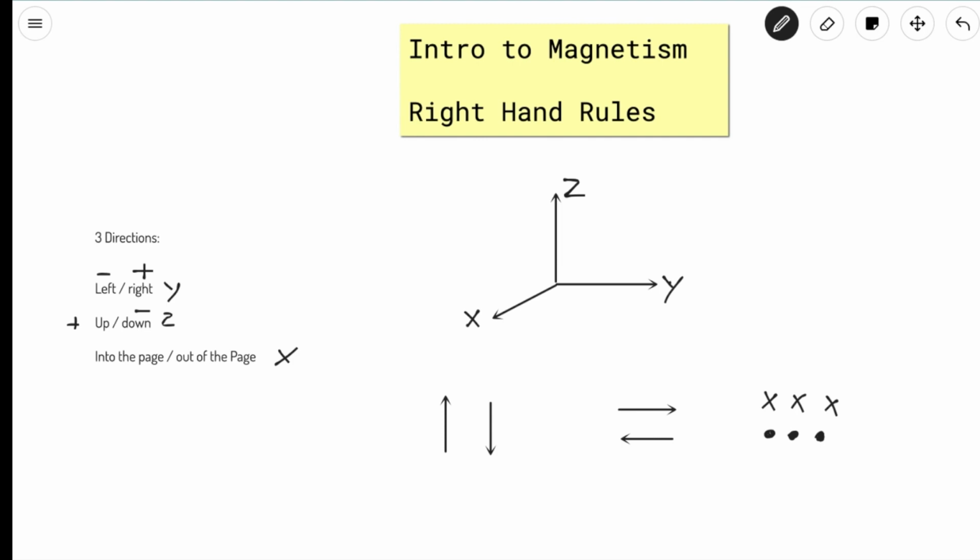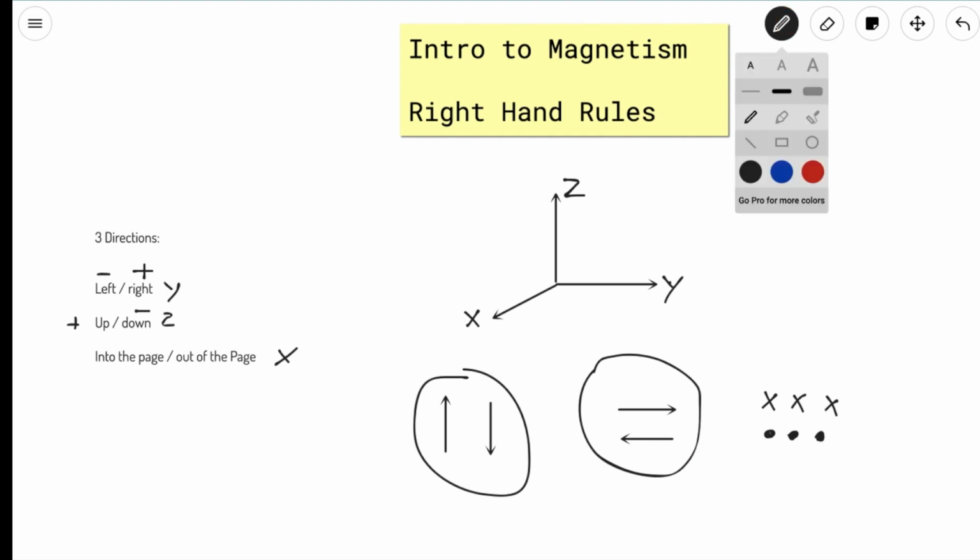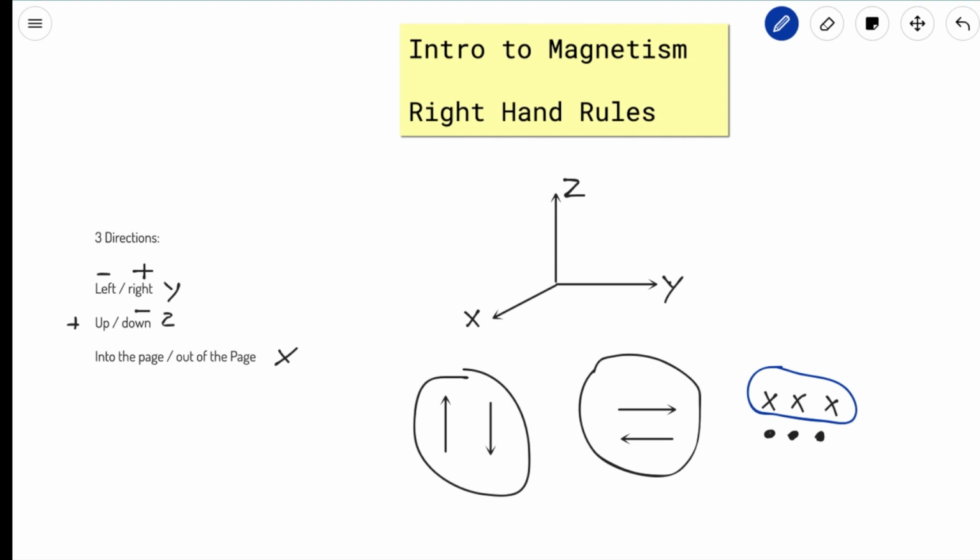Now let's look at how these are represented, how you would draw these forces. Of course, for up and down, you're just going to do up and down arrows as always. Left or right, the same. Now it's going to be different for into the page and out of the page. Into the page is represented by x's.